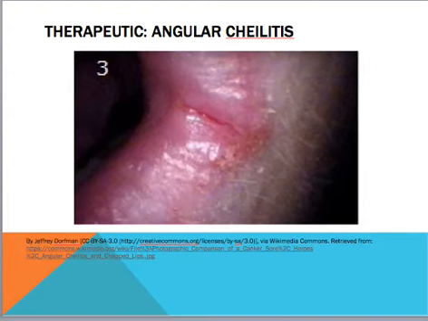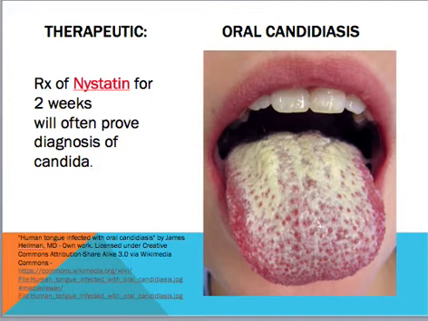Another typical therapeutic diagnosis that you may often see is Candida. This picture shows angular cheilitis, which is associated with Candida. Here's another picture of a more typical oral candidiasis.